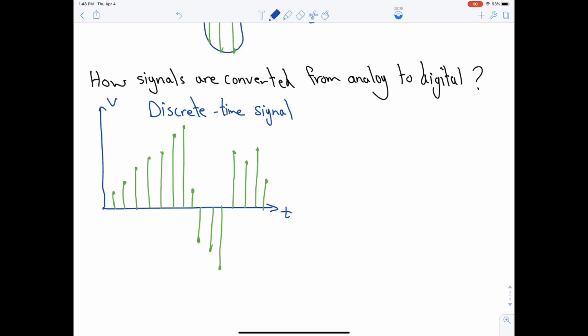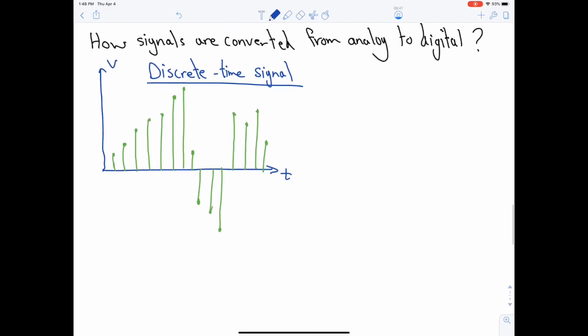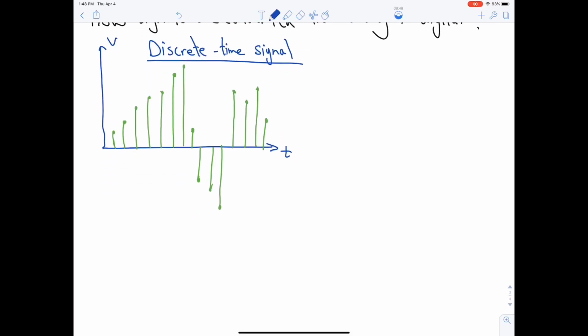Now you can see here that in this discrete time signal, you have samples with different voltages. But if you constrict yourself to certain values, then it becomes digitized. For example, the simplest form of a digital signal is binary, 0 and 1.